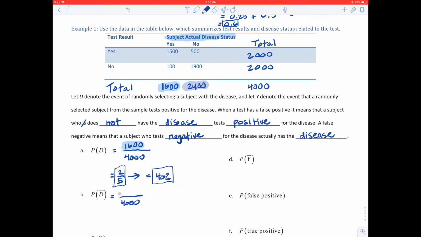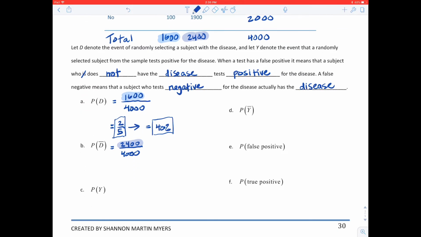And so we've got 2,400 folks who don't have the disease. When you reduce it down, I believe we will get 3/5, which has a corresponding percentage of 60%.